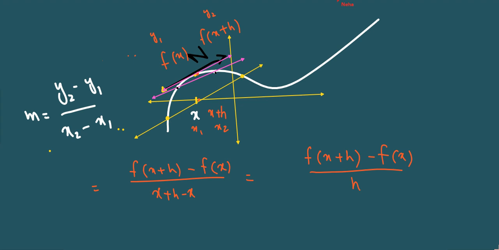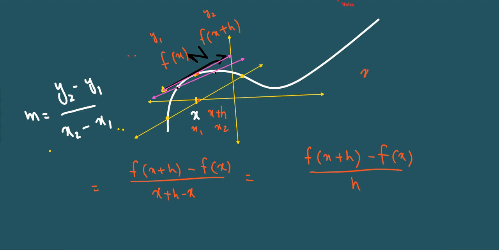Now, the problem is with h. What is a tangent? A tangent to any curve is a line that is passing through only one point. So how can I join these two points together? How close can I take these points, x plus h and x?